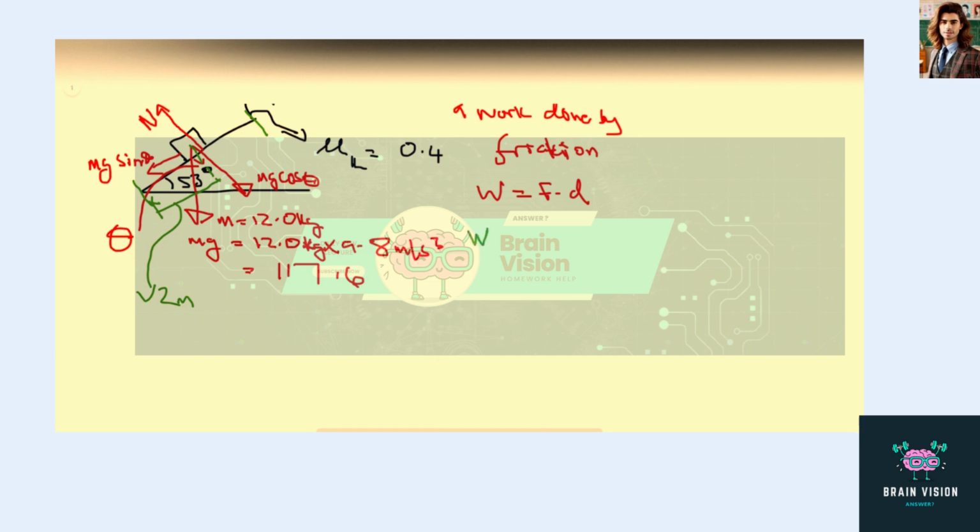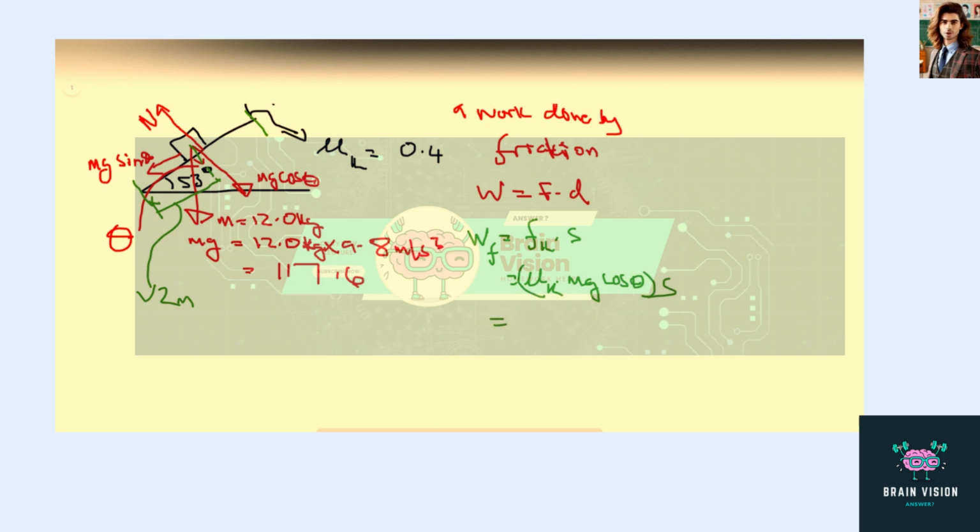So the work done by friction, I'll call that W subscript F, is the frictional force times the displacement S of 2 meters. Frictional force is mu K times mg cosine theta, and then times the displacement.